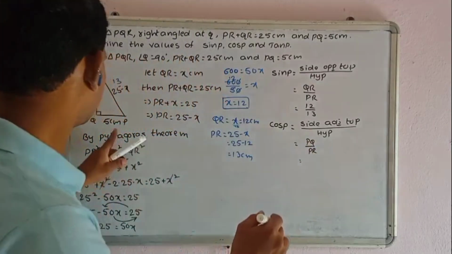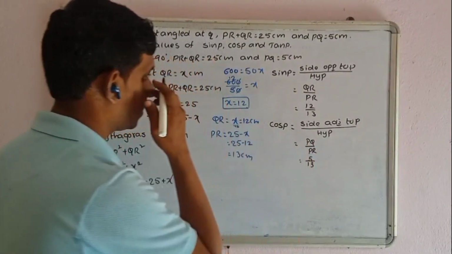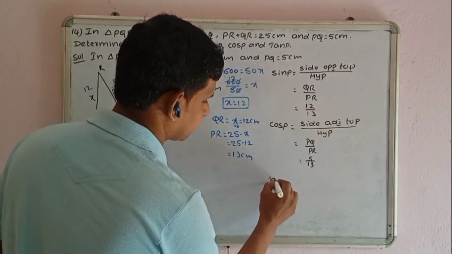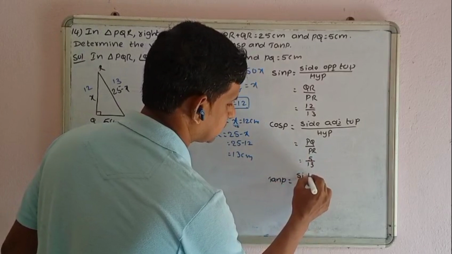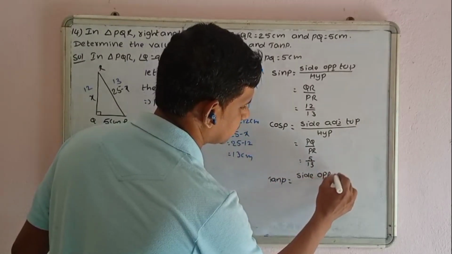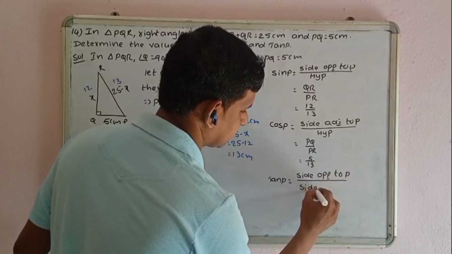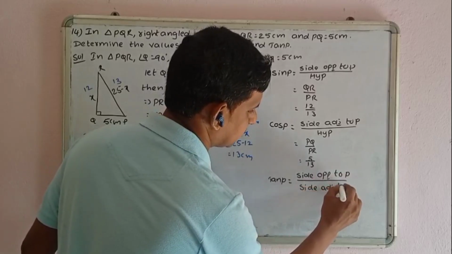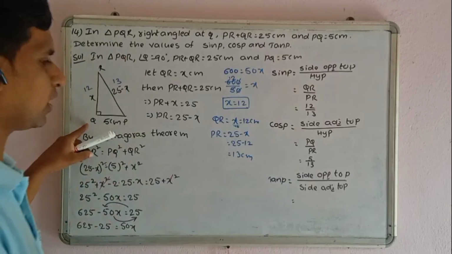PQ value is 5, PR value 13. Next, last one is tan P. Tan P means side opposite to P by side adjacent to P. Side opposite to P is QR.